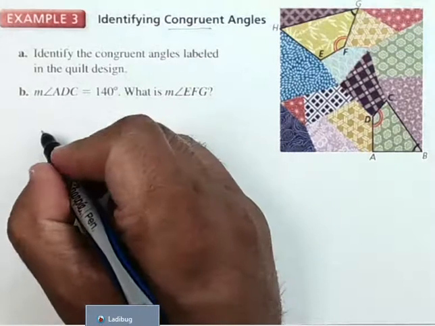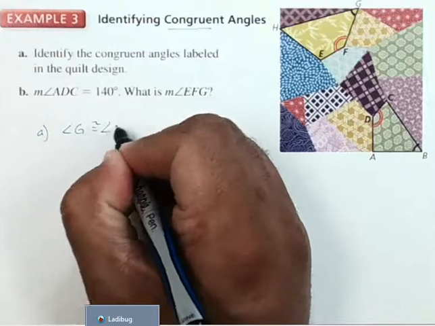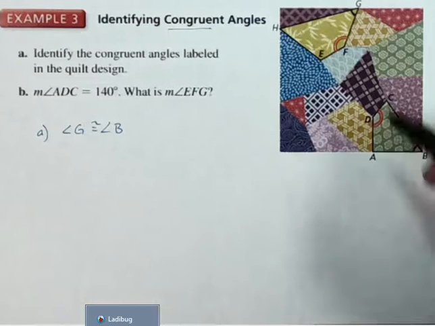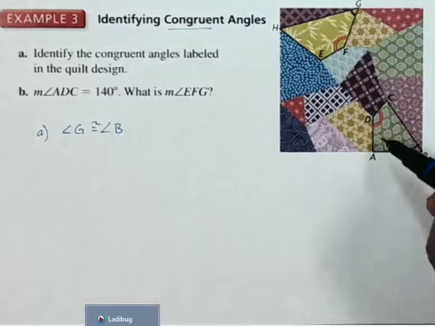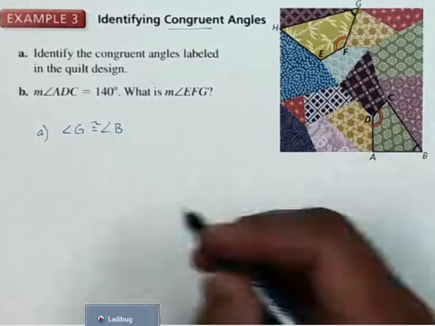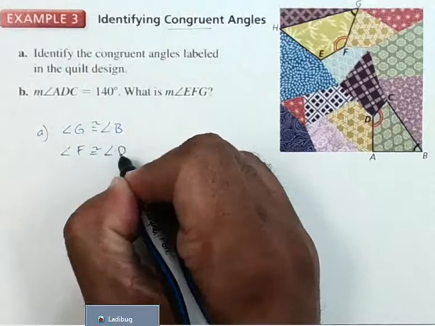So for part A, I would say angle G is congruent to angle B. And then F right here has two arches, and angle D has two arches. So that would mean that angle F is congruent to angle D.